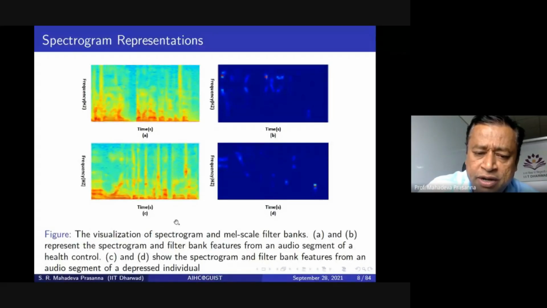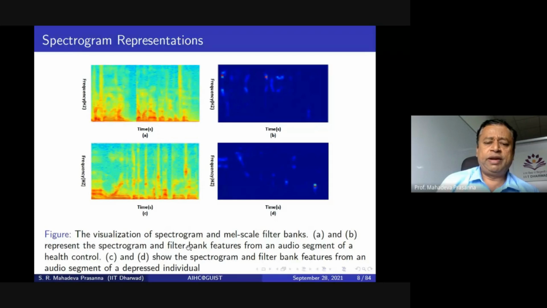So A and B refer to a normal speaker's speech, whereas C and D refer to an individual who is affected by some health condition. In this case, it is depression. When a person is under depression, how does the speech signal look?